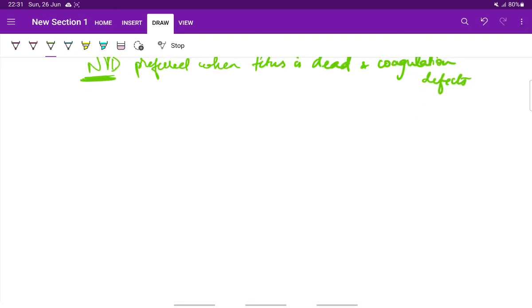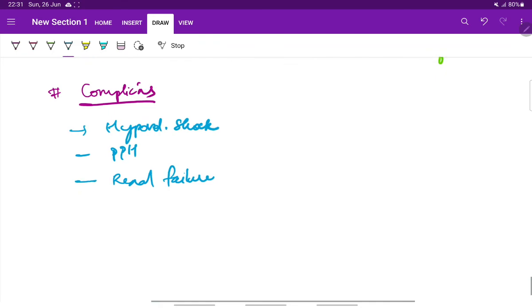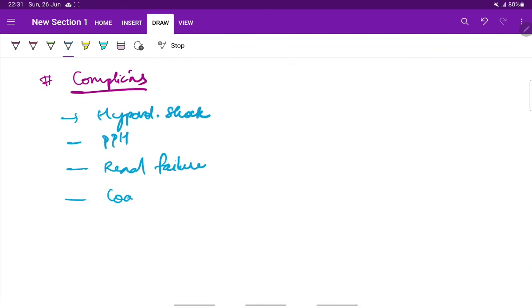So, now what are the complications and the causes of maternal mortality? The complications include hypovolemic shock, postpartum hemorrhage, renal failure, and coagulopathy.